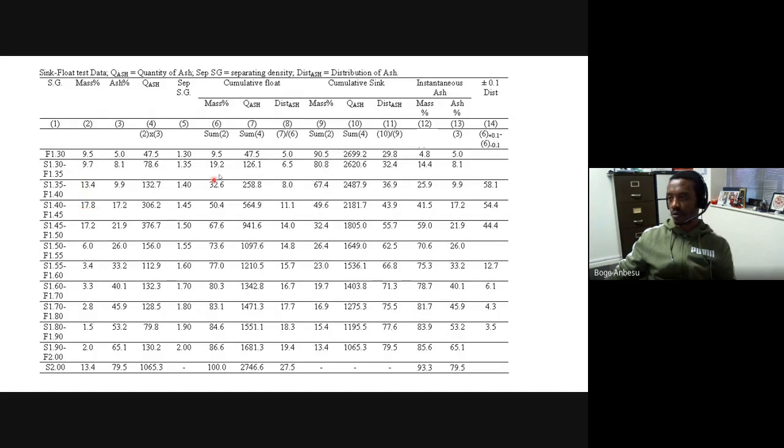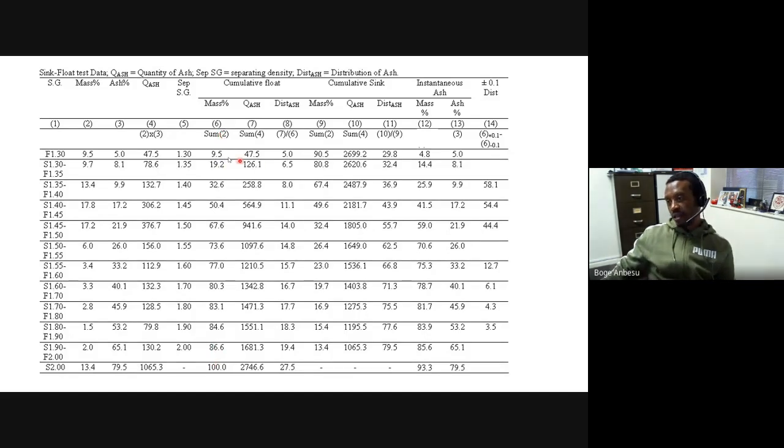Okay, so again, this should be relatively easy. It's all about summing cumulative floats from top to bottom to obtain the sum or the cumulative of the floats for any specific gravity or any separating specific gravity.